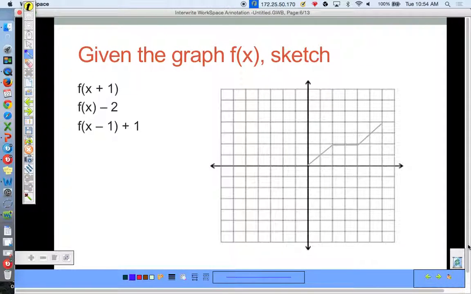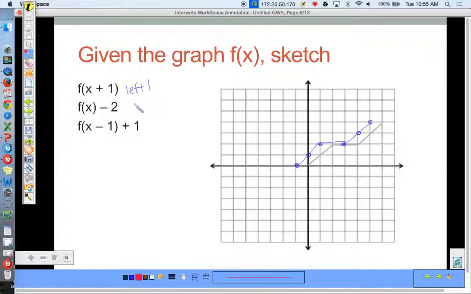So we're going to graph these here, and we haven't done any like this before. We're given a graph, and x plus 1, so that's a horizontal, so that means we're going to move it to the left 1. So we can take every coordinate here, and we'll move it to the left 1. So there's that piece of it.